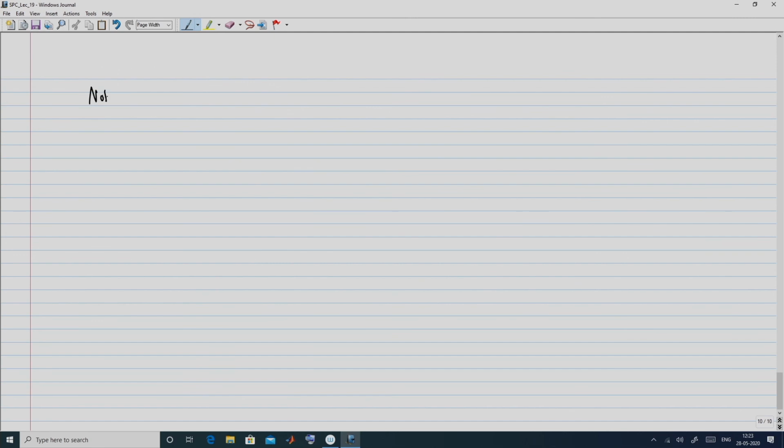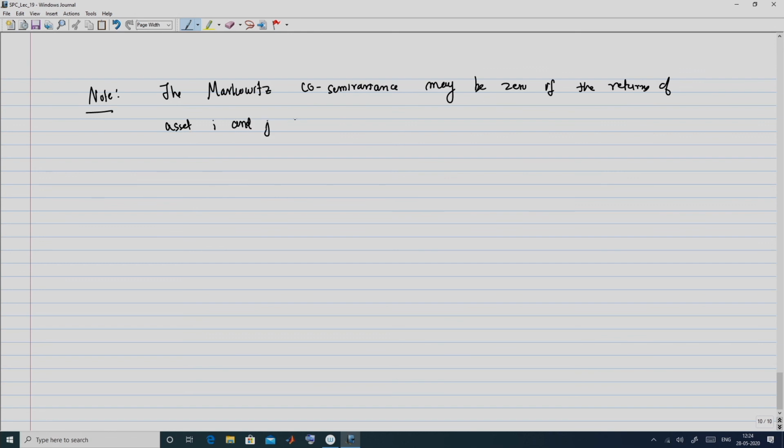Okay, so just an observation that the Markowitz co-semi-variance as we have defined just now may be 0 if the returns of asset i and j are independent of each other.